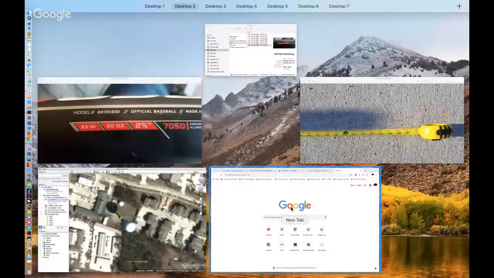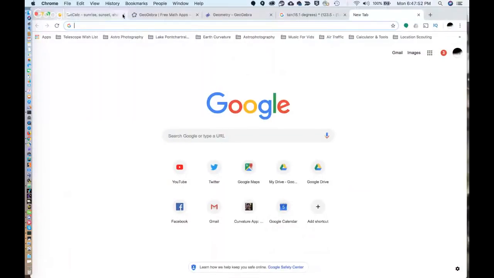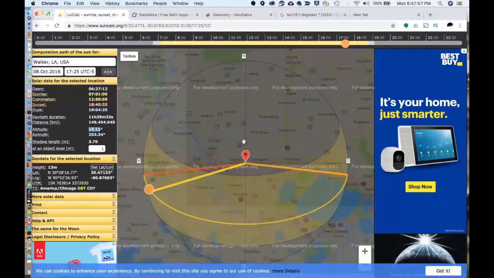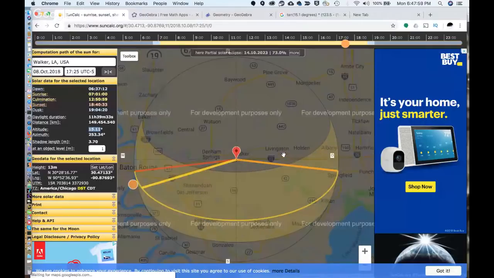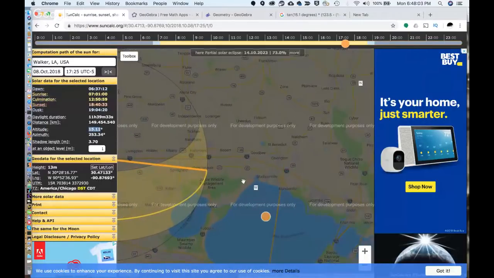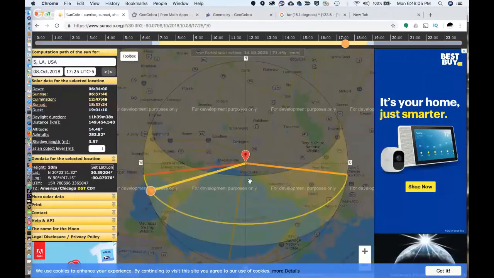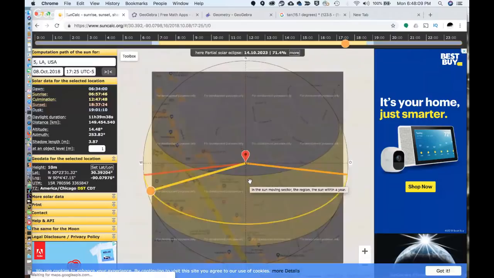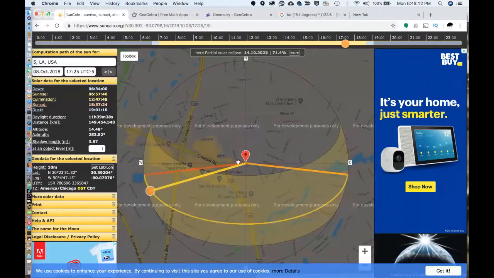And what you're going to want to do is you come over here to SunCalc and let's find our location. So our location's over here in general. You can find a more precise location. It's the St. Anne water tower.